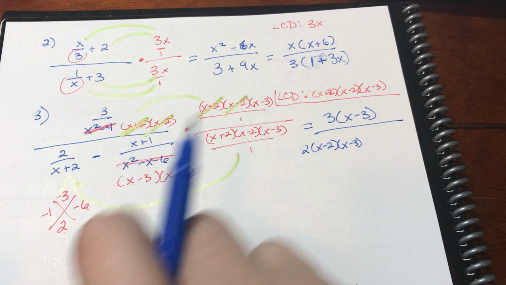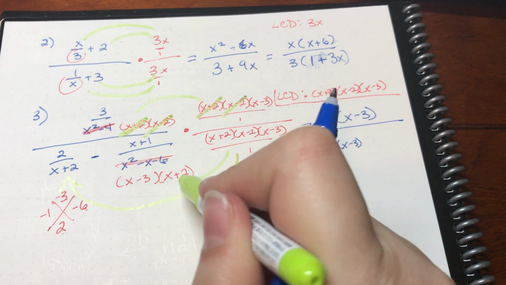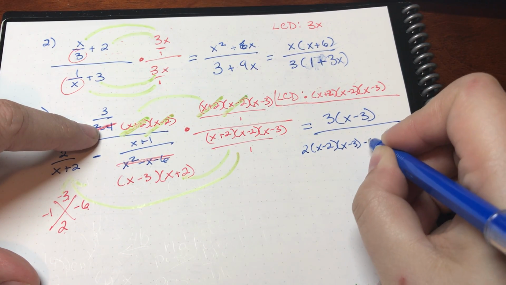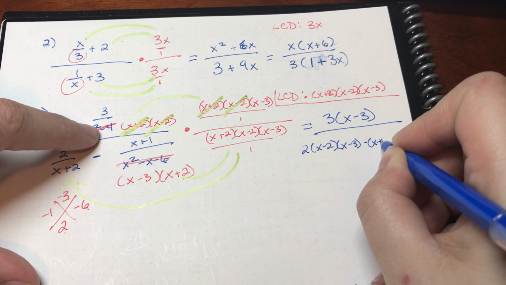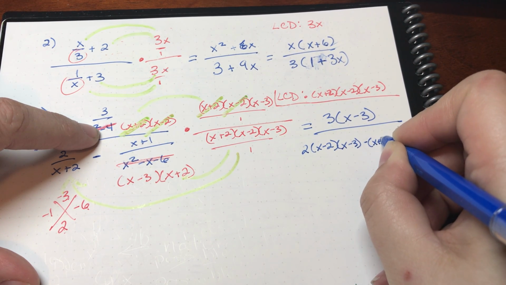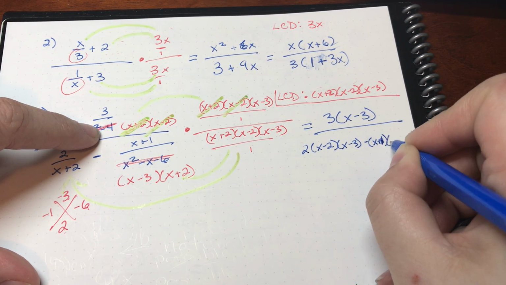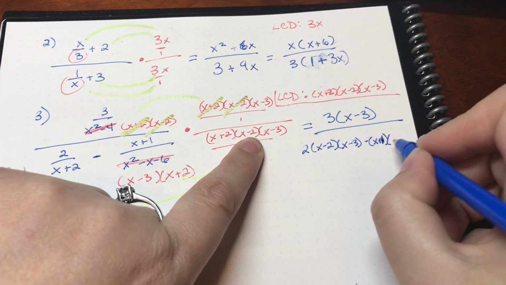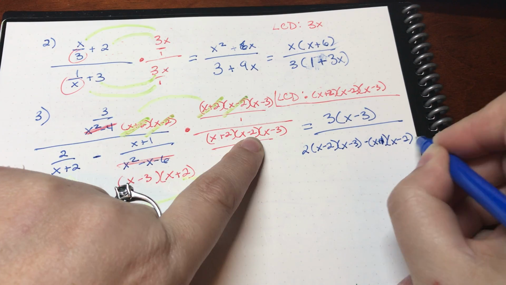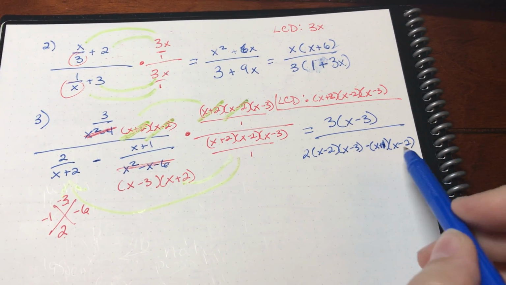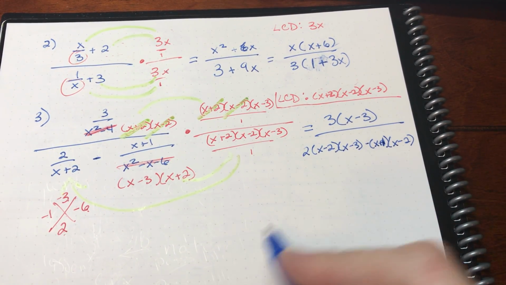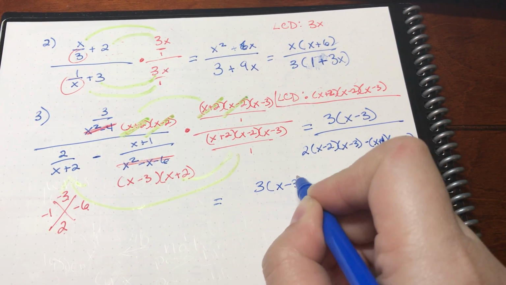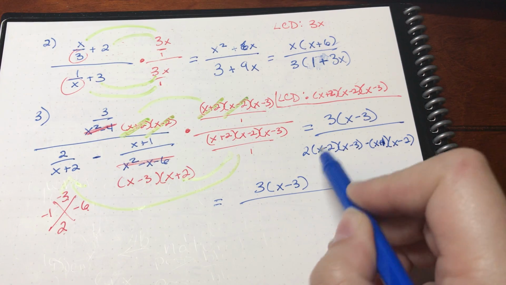And then here I have minus x plus 1, and then x minus 3 and x plus 2 cancel, so I'm just left with the x minus 2. All right, now this is a big mess, so I want to simplify that denominator. The numerator is going to stay exactly the same. I'm going to distribute this.